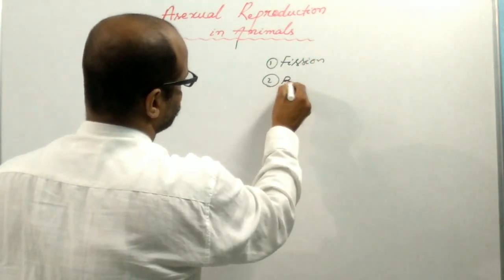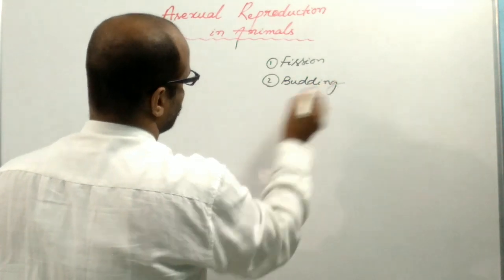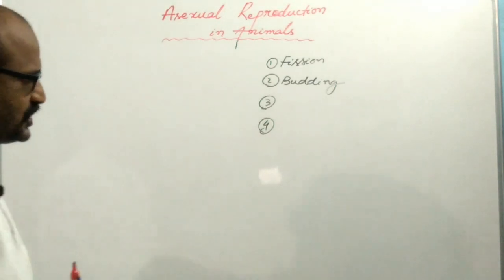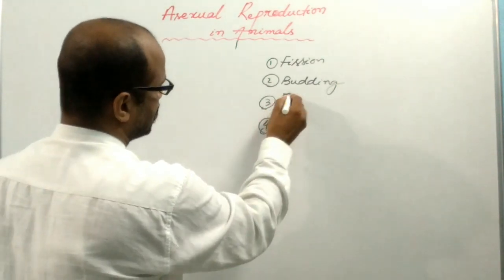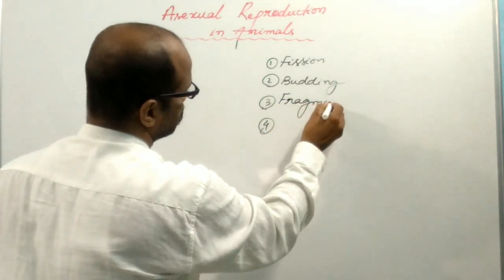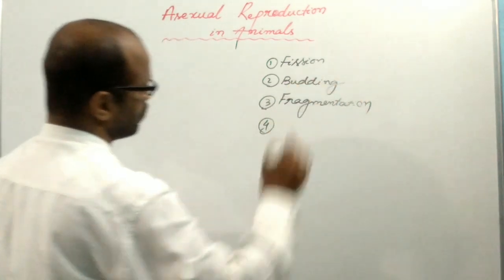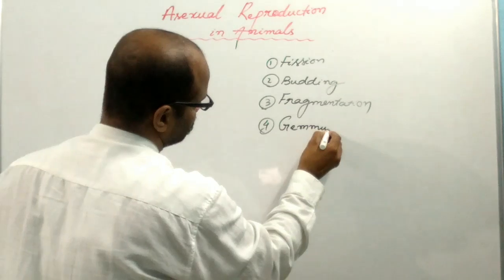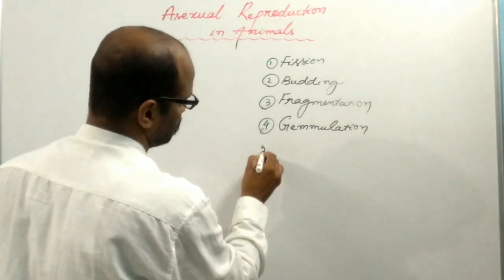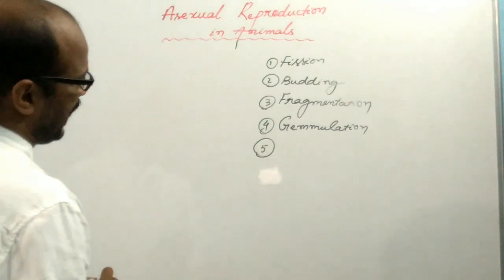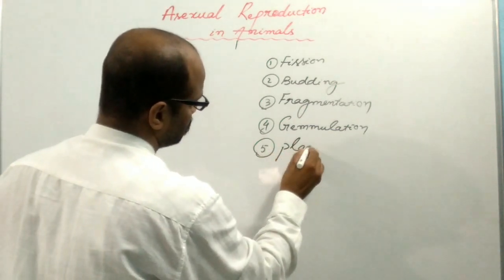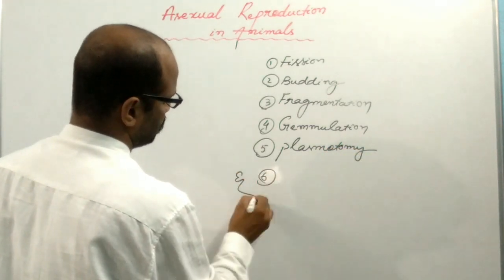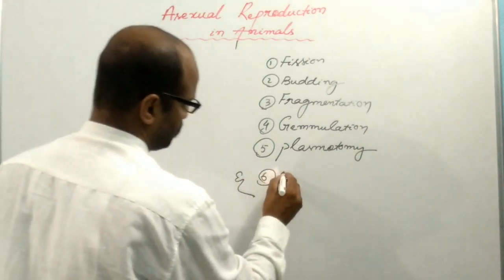Second one may be budding, and other asexual types of reproduction may be fragmentation, gemmulation, plasmotomy, and another may be regeneration.